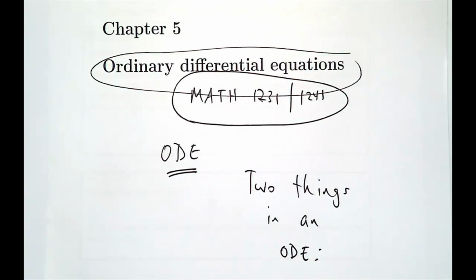Can anyone tell me or guess what they are? There are at least two things. What's one thing? What's something that every equation has? It's not a trick question. Oh, yeah. An equals? Yeah, it has an equal sign, right? It can't be an equation if it doesn't have an equal sign, okay? So that's that bit.